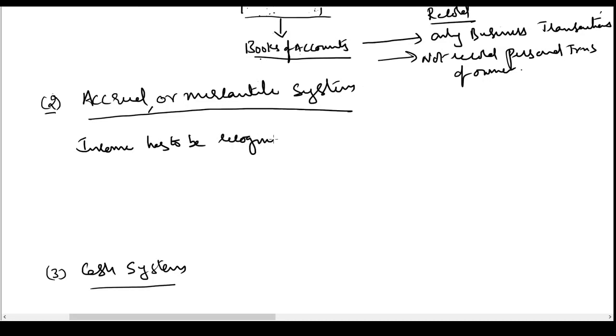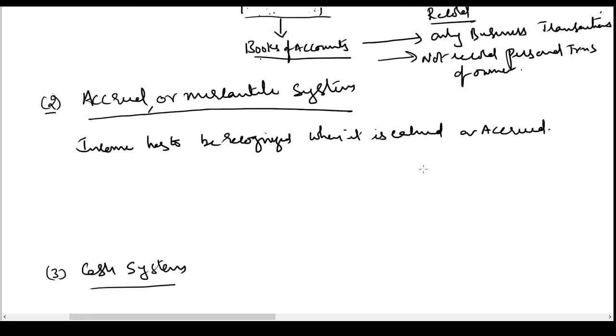Recognized means recorded in the books of account, when it is earned or accrued. So what do you mean by this? Income has to be recognized in the books when it is earned or accrued.